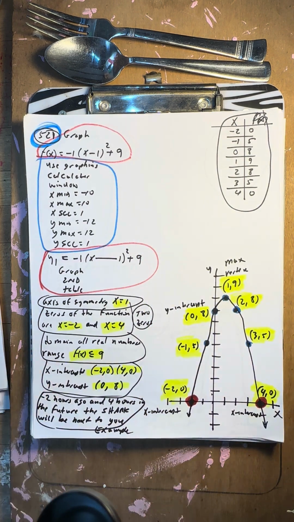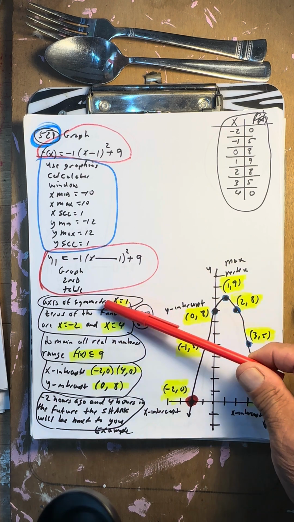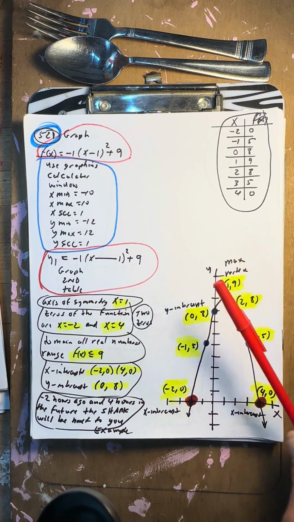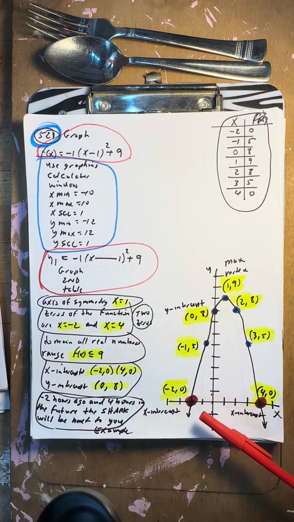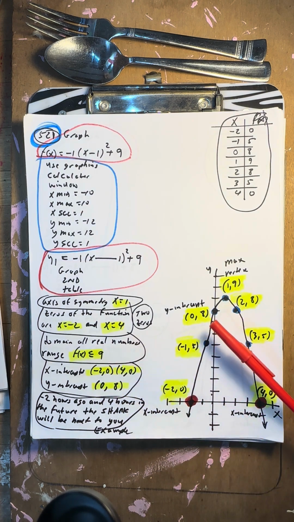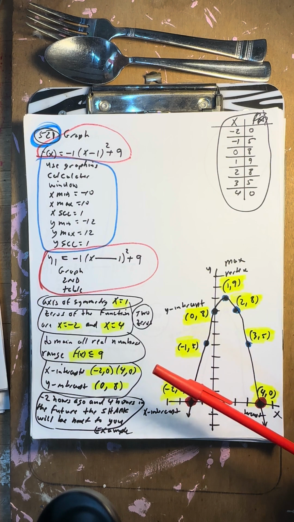Okay. Now we have the points. We have the zeros, (-2, 0), and x-intercept (4, 0). X-intercepts. We have the y-intercept, and we have, what do we have?